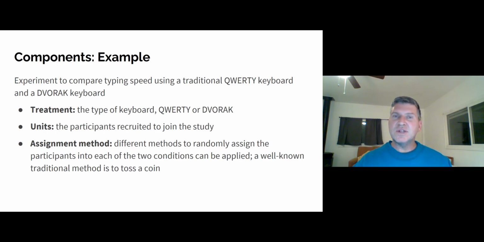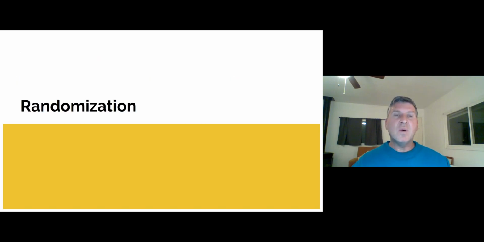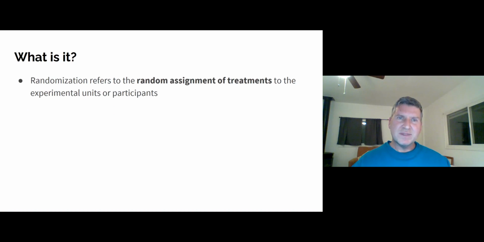So in the traditional approach, because we have two different types of keyboards, we could just flip a coin, say heads it's QWERTY and tails it's Dvorak. If we have enough subjects or units, we're going to have enough examples that the central limit theorem is going to allow pretty much a 50-50 balance between the two. What we're going to talk about here is randomization. So what is randomization?